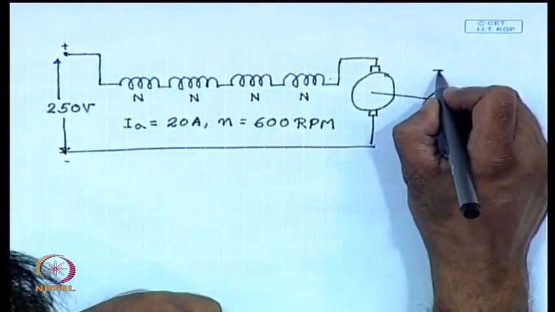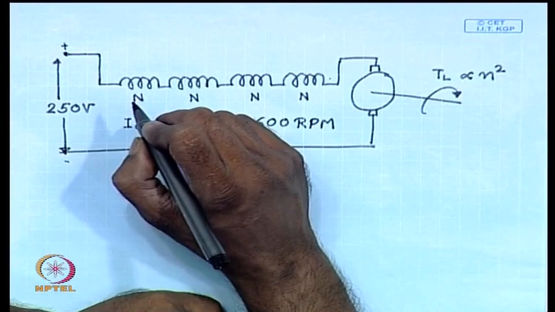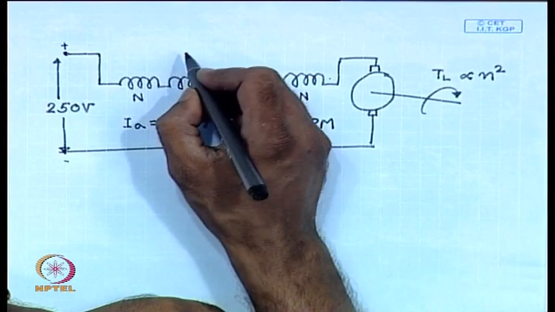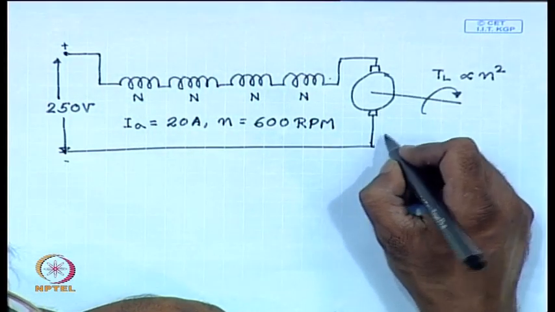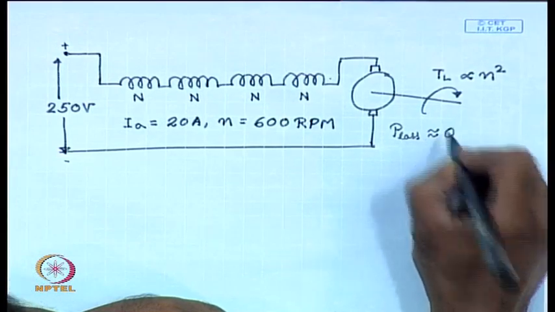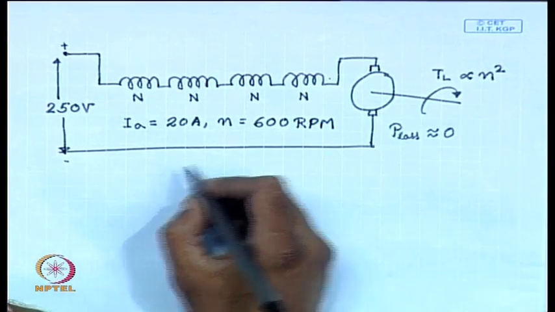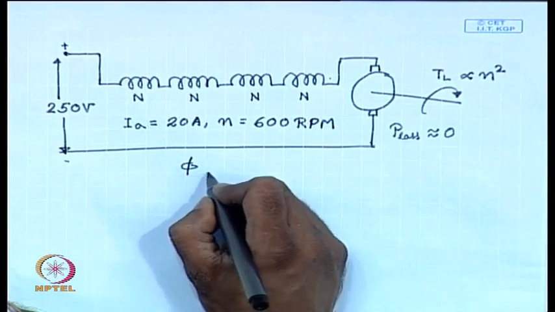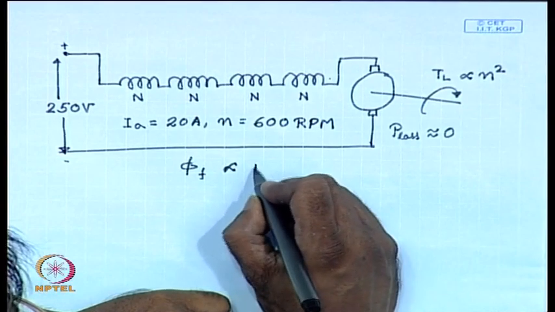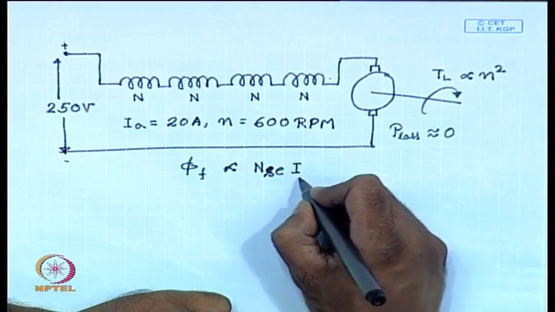The load torque T L on the shaft is proportional to n square. Assume that all losses are negligible, and also the magnetic circuit is unsaturated, that is phi f is proportional to field ampere turns, that is the effective series number of turns and the current through the series coil.